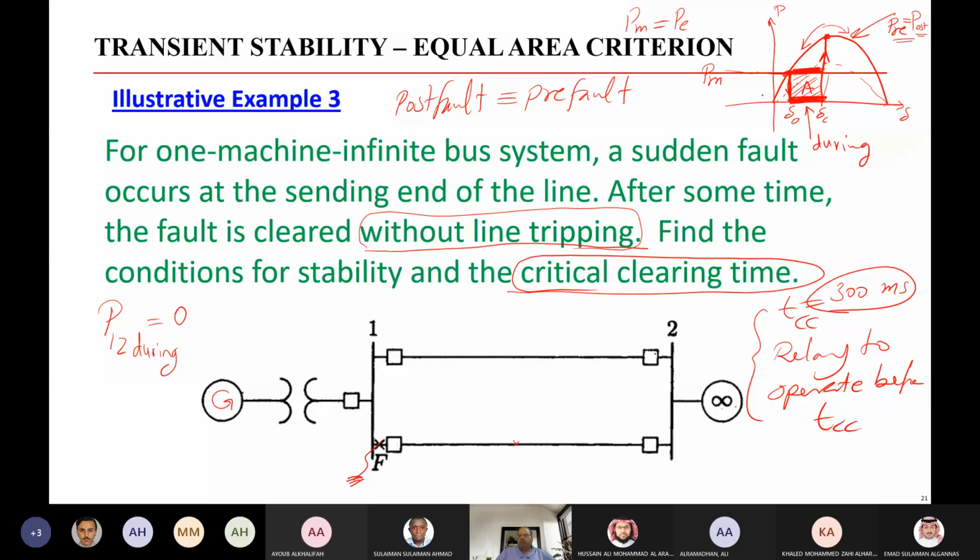This is the P electric. Do you think the machine will come back directly to this point, or will it continue increasing for some time due to the inertia? What do you think?